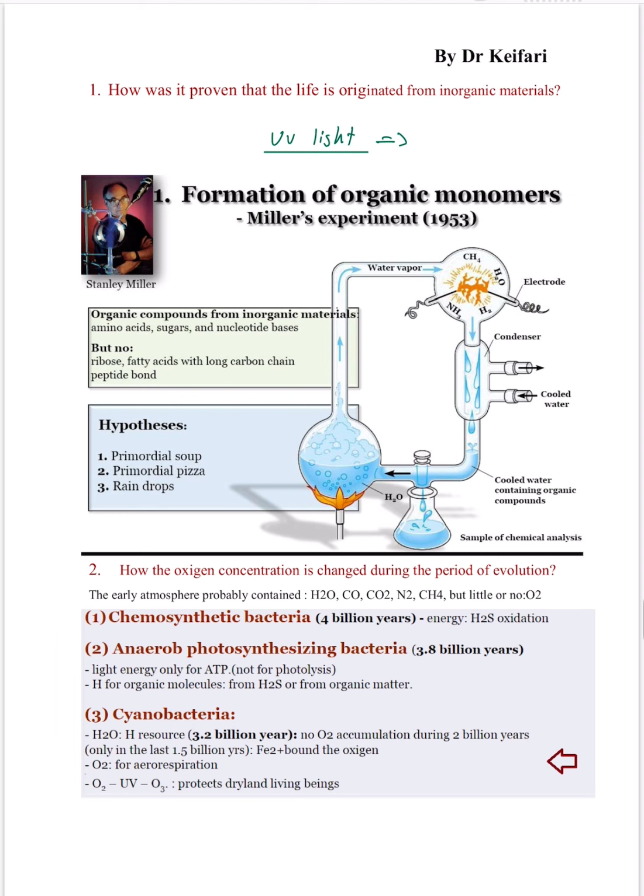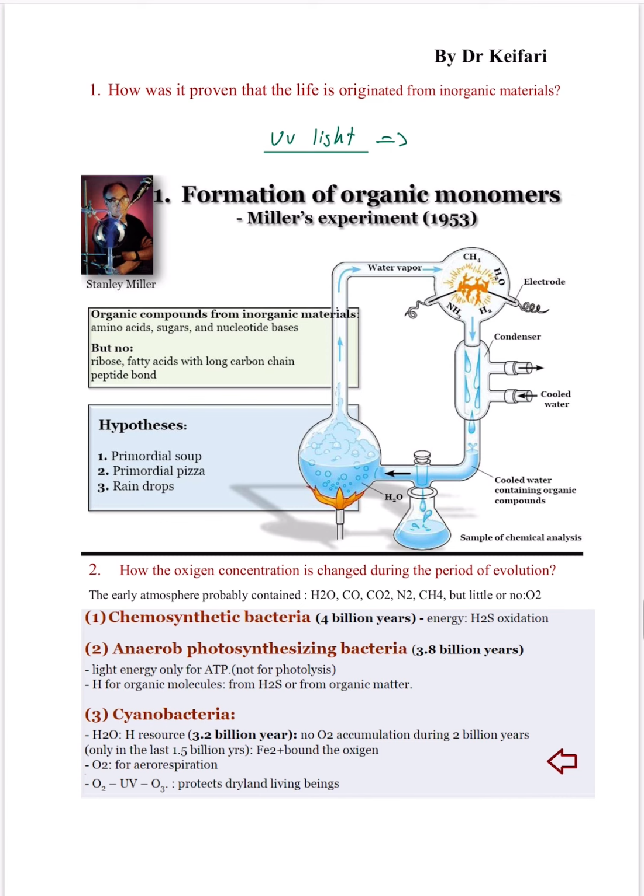The first group was the chemosynthetic bacteria. These 4 billion years ago used energy from the oxidation of hydrogen sulfide, and in this process they were the first bacteria which could produce oxygen, which is very important.